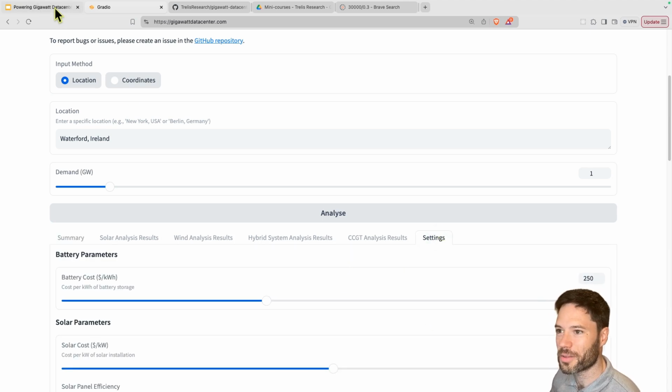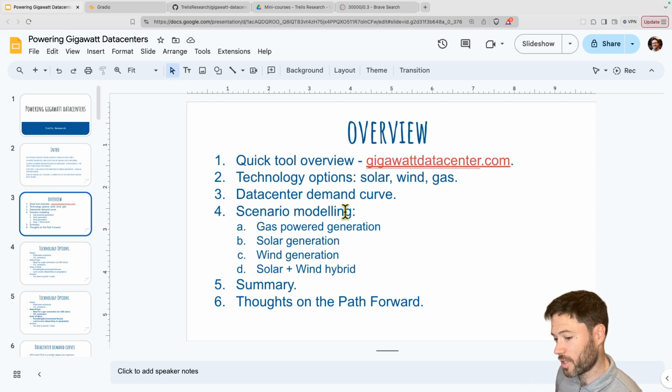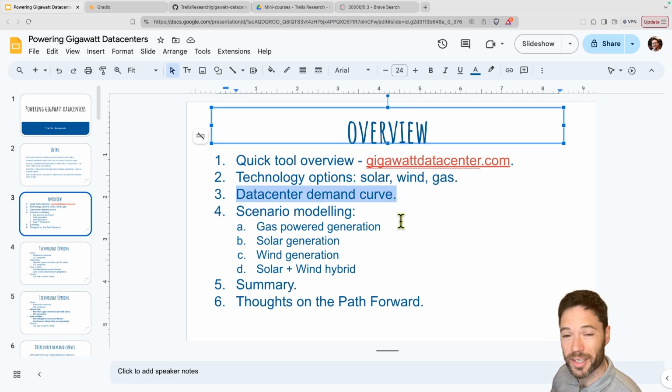Now, the sections I've broken this down into are first, a quick review of these technology options among some other options you might look at for building a data center. A quick comment on the demand that you expect to see from a data center and how that compares to the demand you would see from households or a typical electricity grid. And then I'll do some scenario modeling.